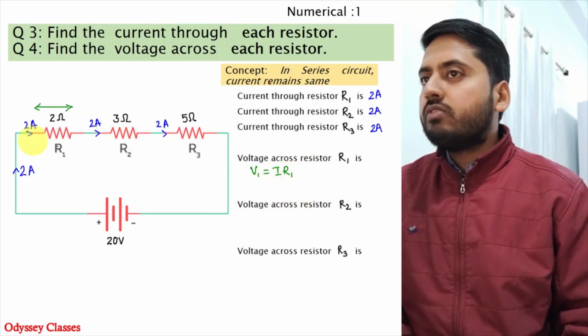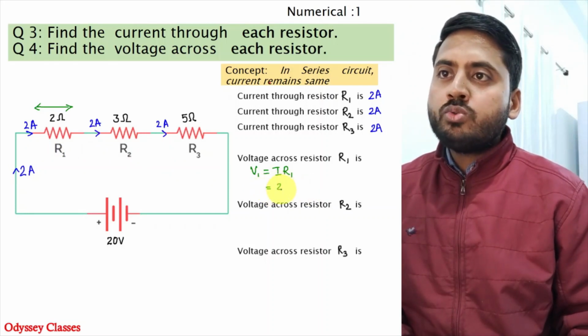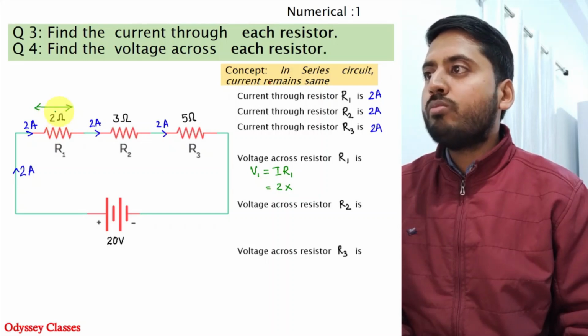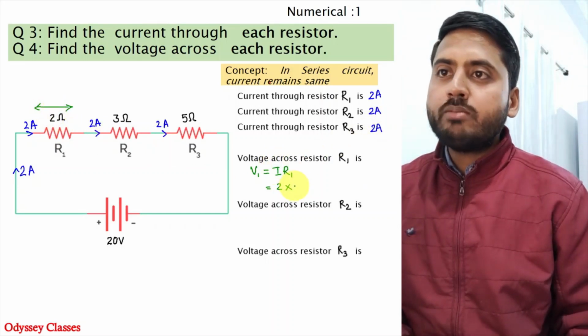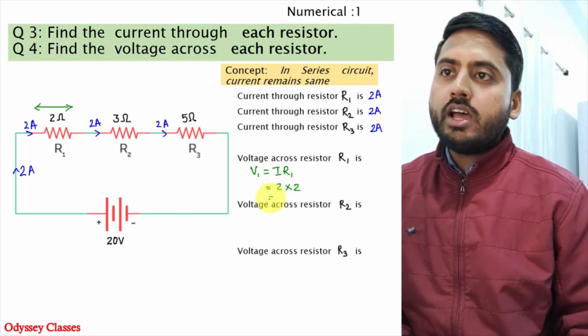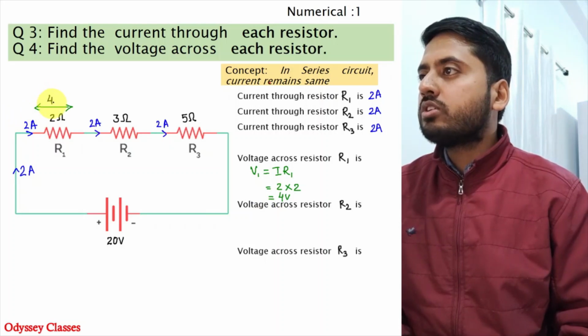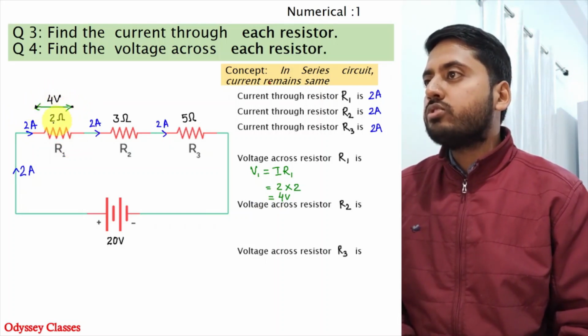So we can put the value of I and R. I is 2 and the value of R1 here is 2 ohm also. So current is 2 ampere and resistance is 2 ohm. So we can put the value 2 into 2 and the answer is 4 volt. That is the voltage across resistor R1. So you can see I'm using 2 arrows.